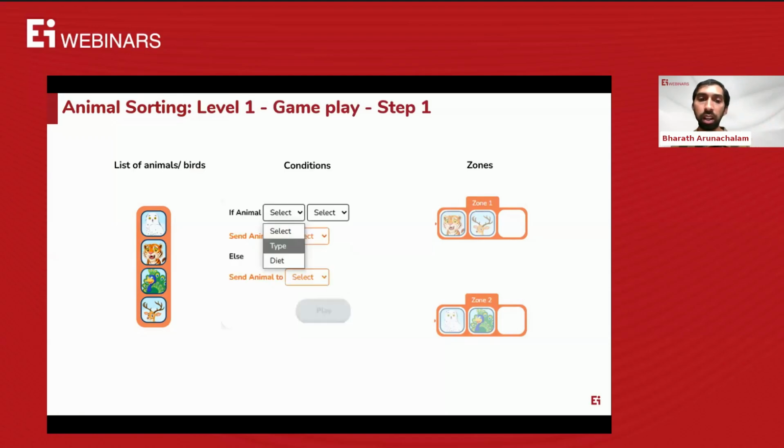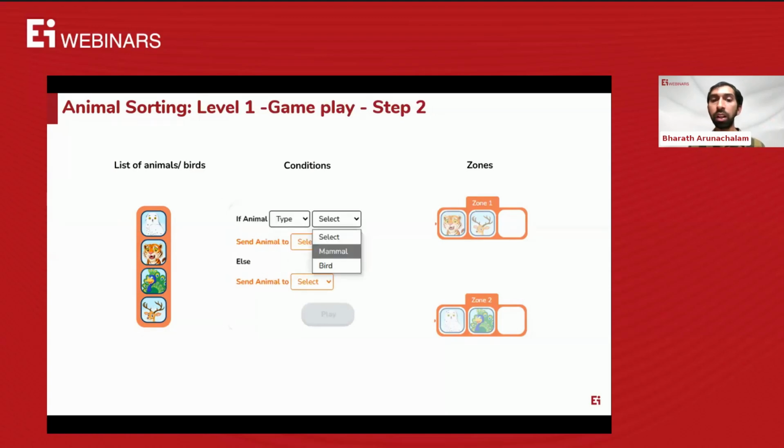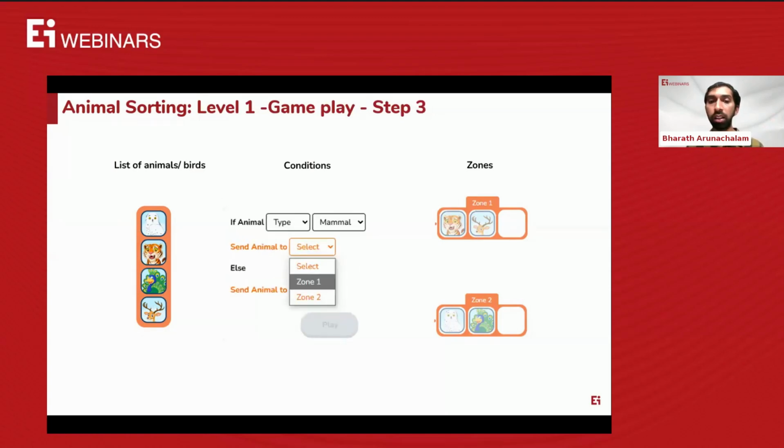Now we can have this as type or diet. These are two characteristics that we can classify these birds and animals into. Here we can either select diet or type. For example, we are showcasing the right answer here. So if it is type, then if it is mammal, then it is zone 1, right?